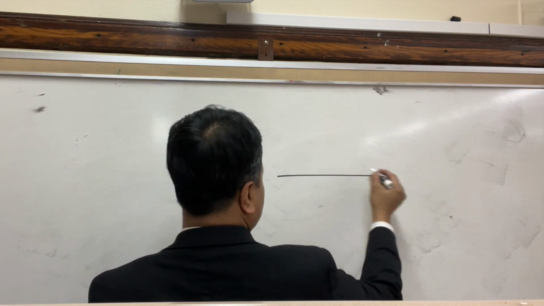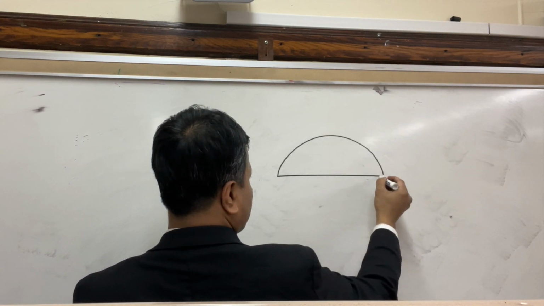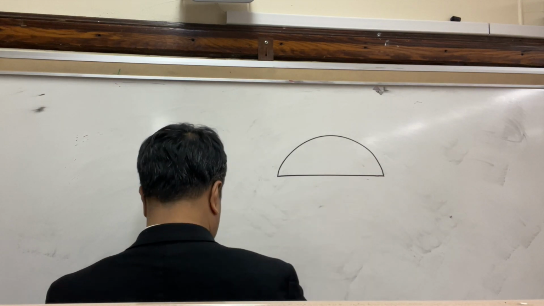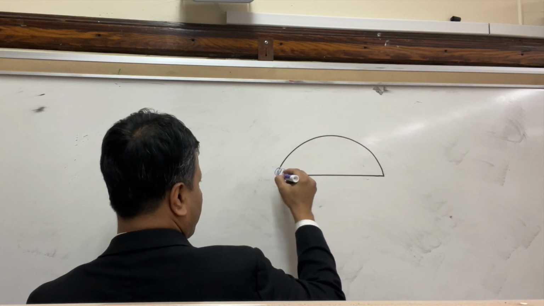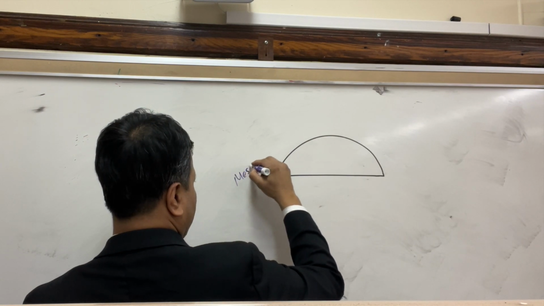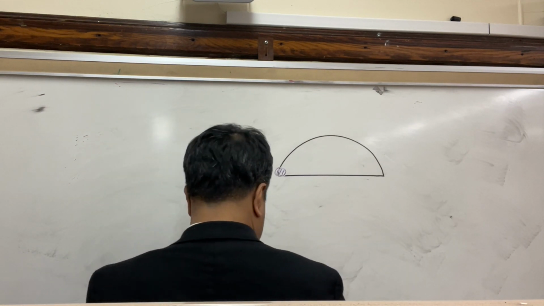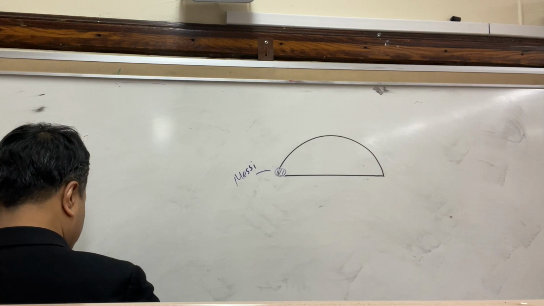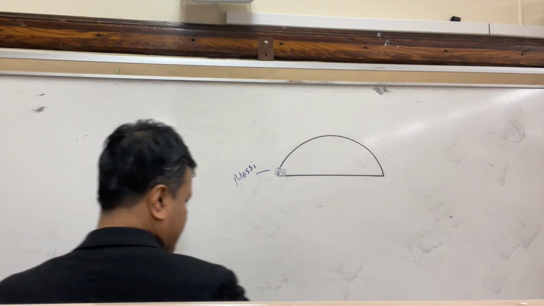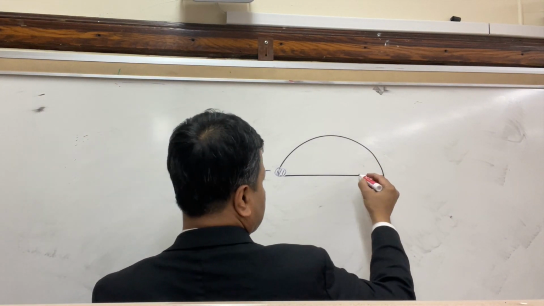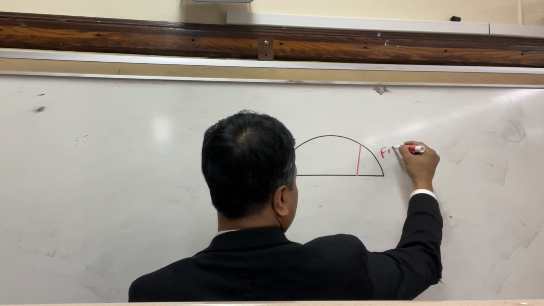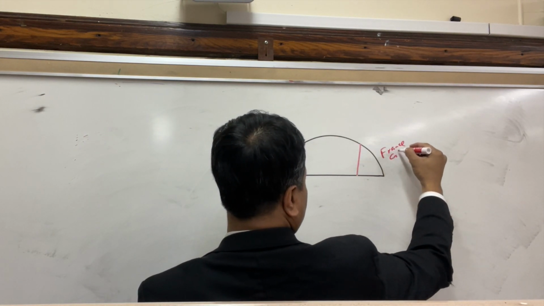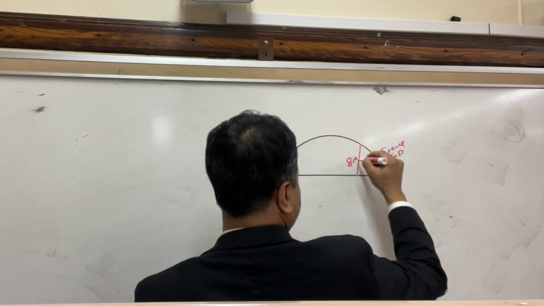So this is the soccer ball trajectory. This is where the soccer ball is kicked by Messi, and this is where the France goalpost is. France goalpost, 8 meter.